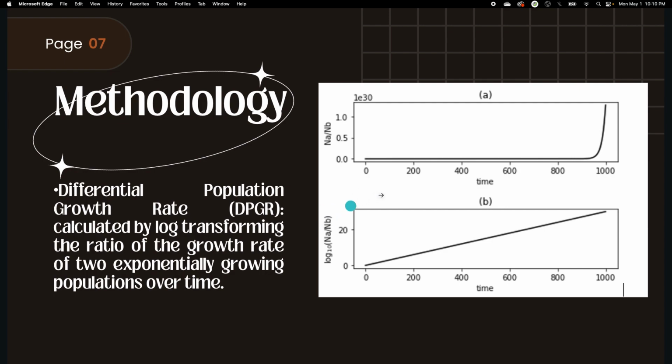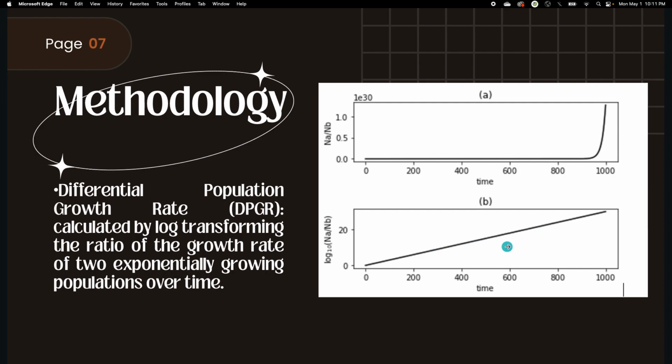Then we log transform it because to understand the fine differences in growth, we cannot refer to this picture, because if we take 200 and 800 within this region, we cannot understand what kind of growth rate there is within this time span. So after log transforming it, we can see that it's a straight line, and seeing the straight line, we can have a concrete understanding that there is a positive growth rate with respect to the other.